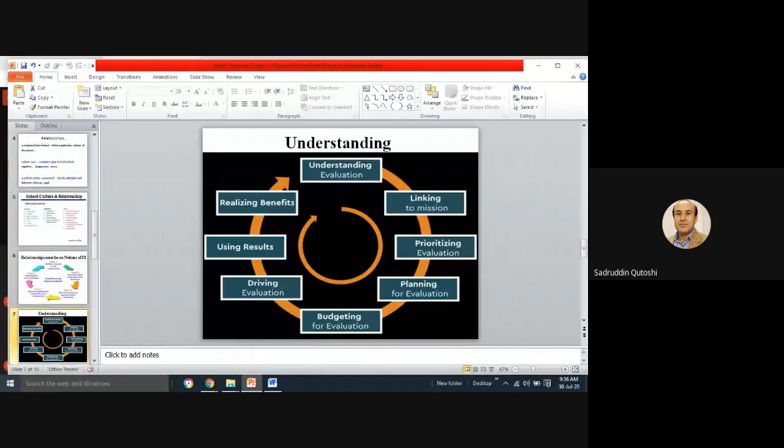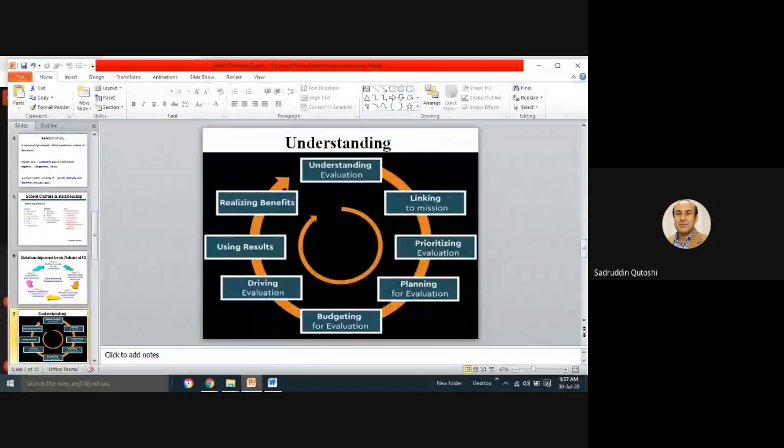So when you are very clear about understanding assessment and evaluation in the context of school, you will have a very clear idea to create a very positive culture in school.